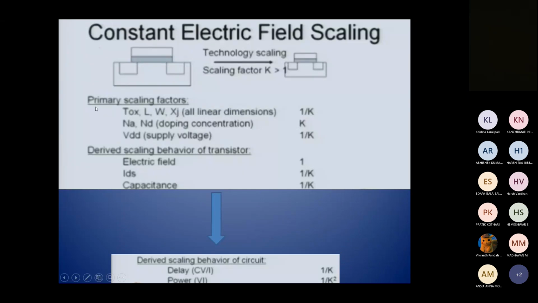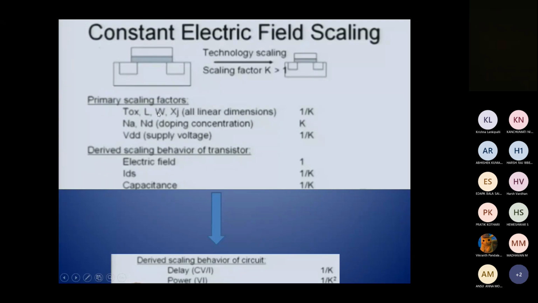So what the scaling theory tells us is that if we want to make a miniaturized version of this MOS device, then the channel length has to be L divided by K. Okay.